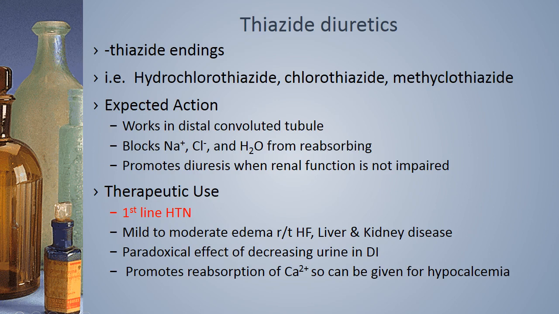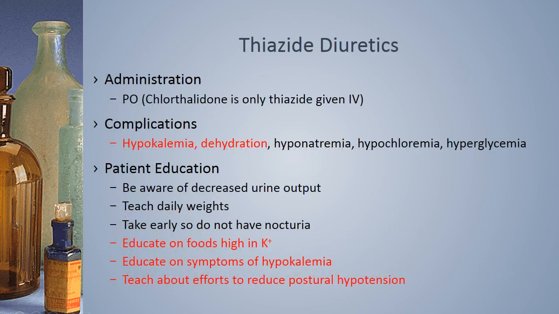Mild to moderate edema related to heart failure, liver, and kidney disease. This has a paradoxical effect of decreasing the urine in diabetes insipidus, and it promotes reabsorption of calcium, so when a person is hypocalcemic, you can give it. And it also will help prevent osteoporosis if they have low calcium.